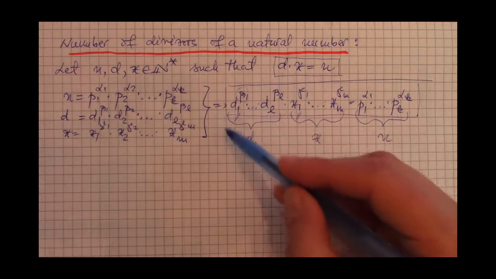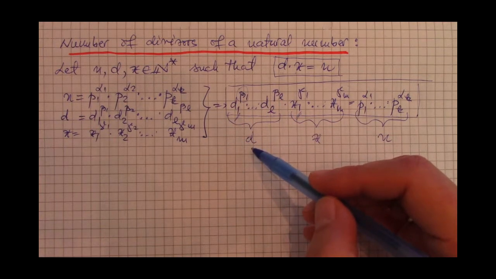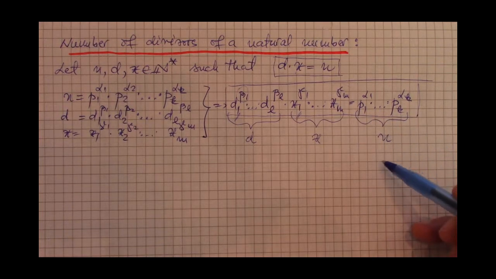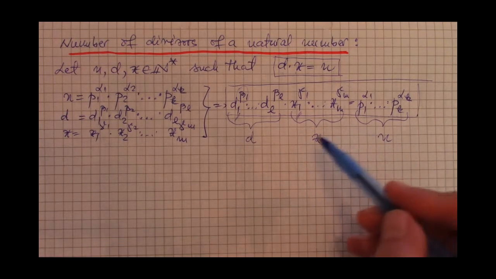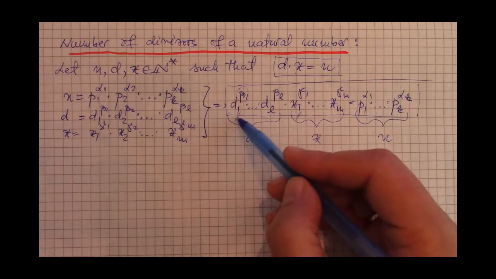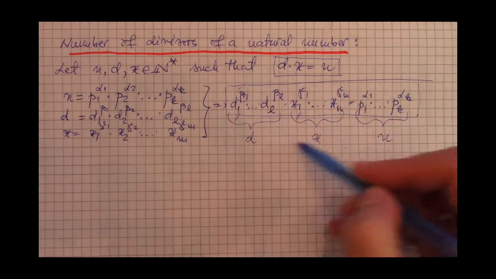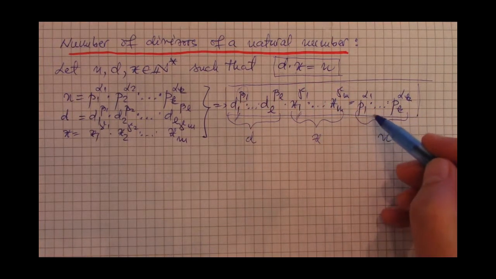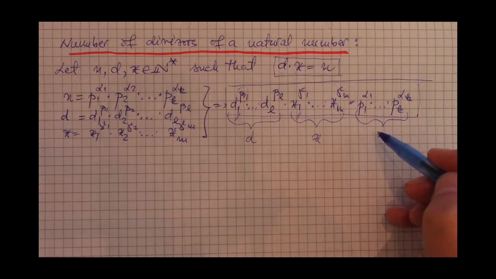If we do that combination between the d's that are equal to x's, then what we get over to the left-hand side is a prime factor decomposition of a number. What number is it? It's the number that we have over to the right-hand side. The fundamental theorem of arithmetic tells us that the prime factor decomposition is unique, meaning that the d's that appear over to the left-hand side have to be equal to some p's from the right-hand side.